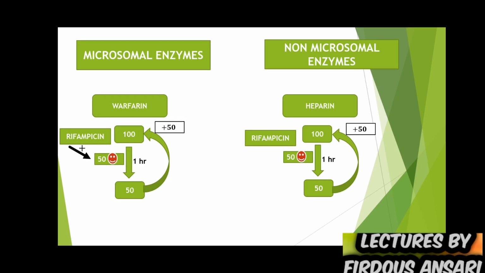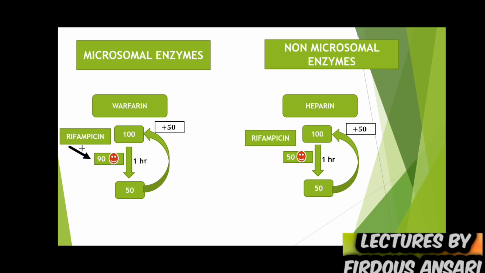Previously the availability of the enzyme was just 50, but because of induction done by rifampicin, instead of 50, the number has increased to 90 enzymes. So now 90 enzymes are available for metabolizing 100 molecules of warfarin. As I have told you, one enzyme for one molecule. Now we have got 90 enzymes, and obviously they will metabolize 90 molecules of warfarin.